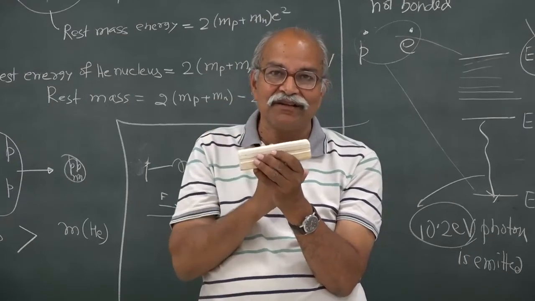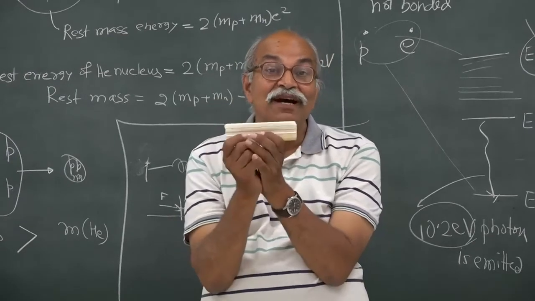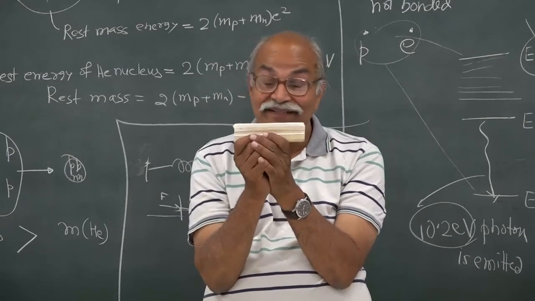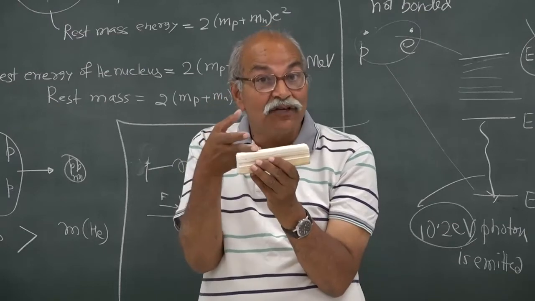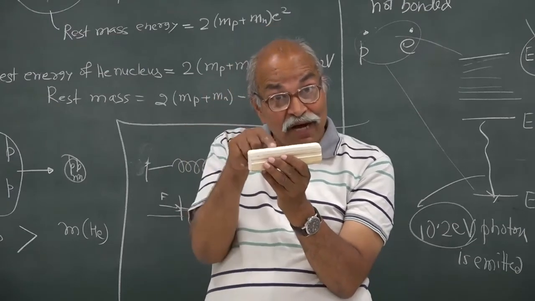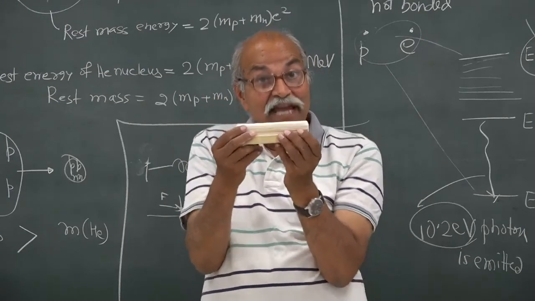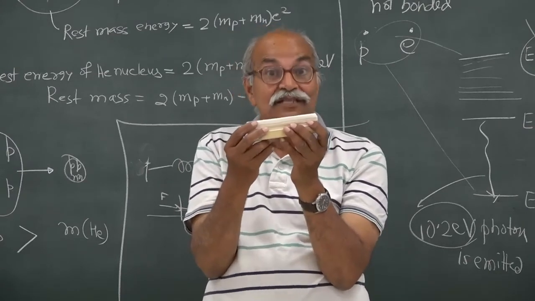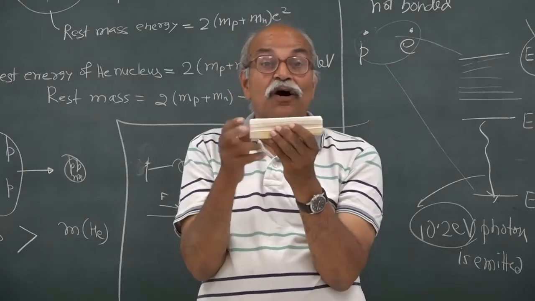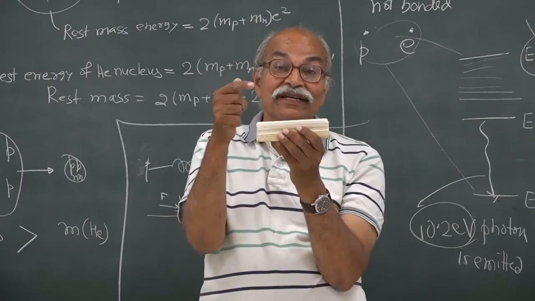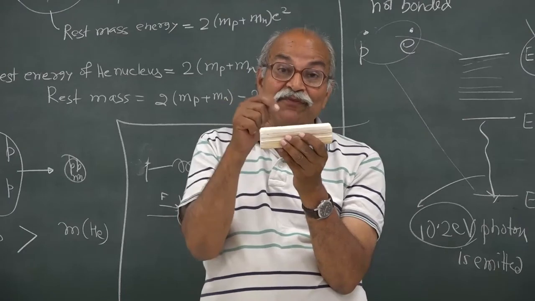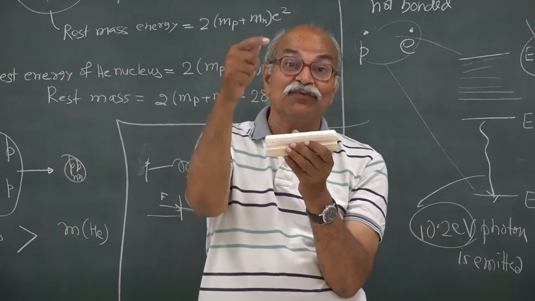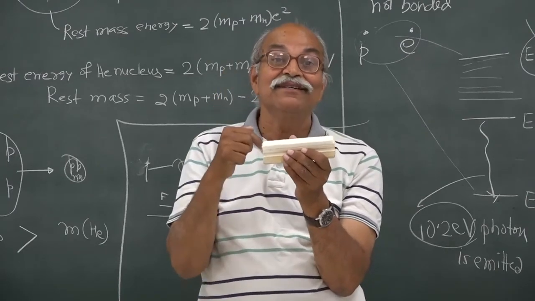So, the rest mass energy has increased, the kinetic energy has not changed, and you have given the energy. So, where has that energy gone? It is converted into mass and it is heavier in that sense. So, a hot object is heavier than a colder object, the same object. When it is hot, it has more mass, when it is cold, it has less mass.